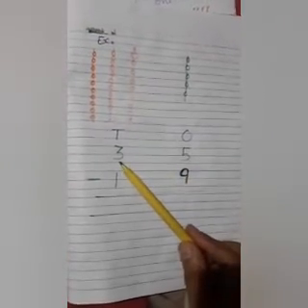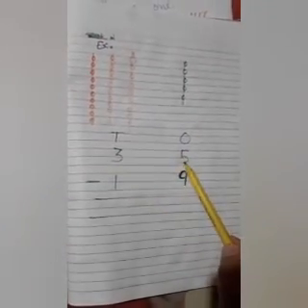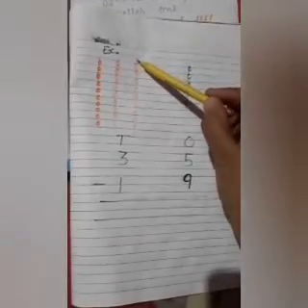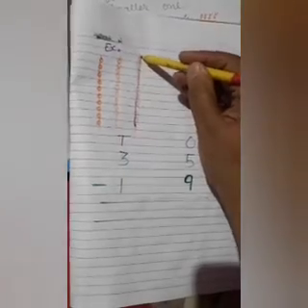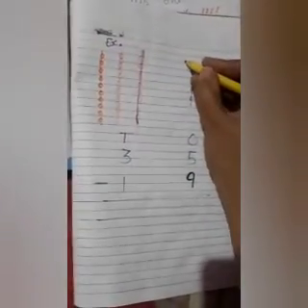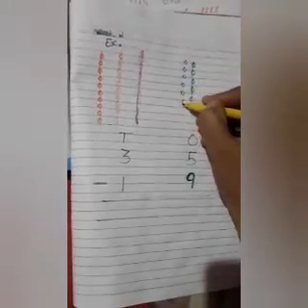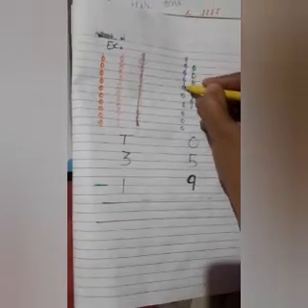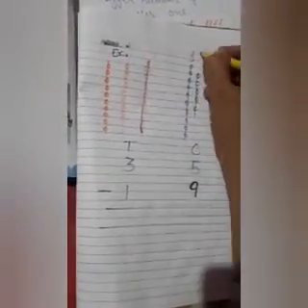We take 1 ten from the 3 tens for the 5 ones. We are taking 1 ten from the 3 tens. 1, 2, 3, 4, 5, 6, 7, 8, 9, 10. So this is the 1 ten, and we have 5 ones.